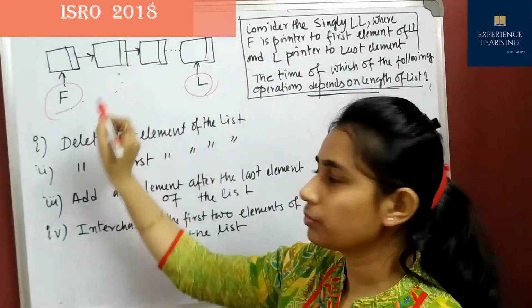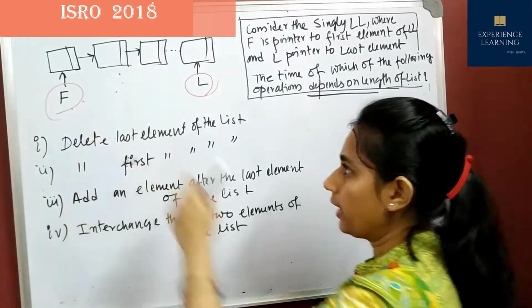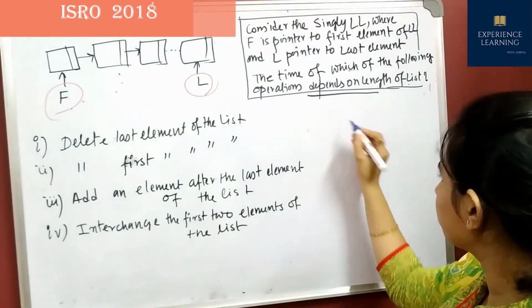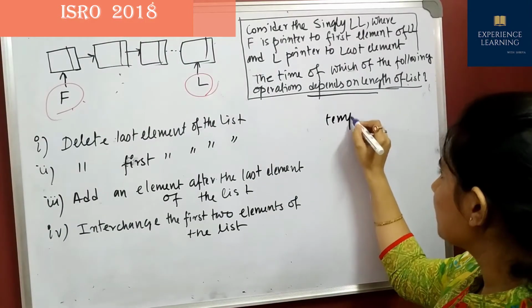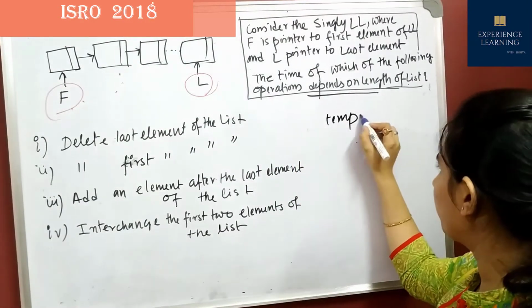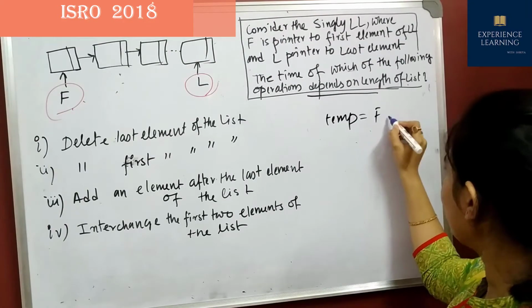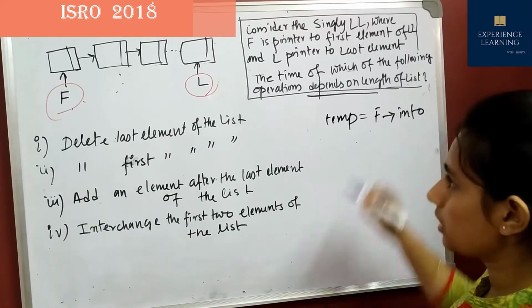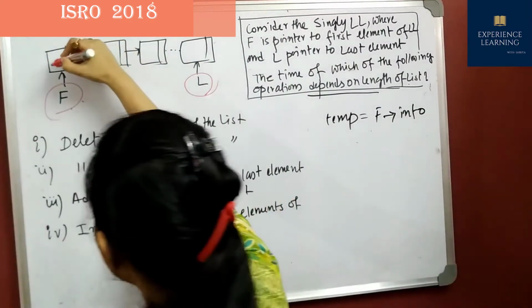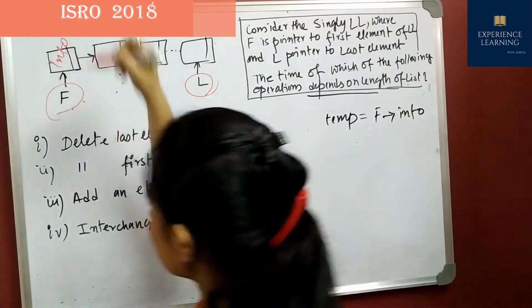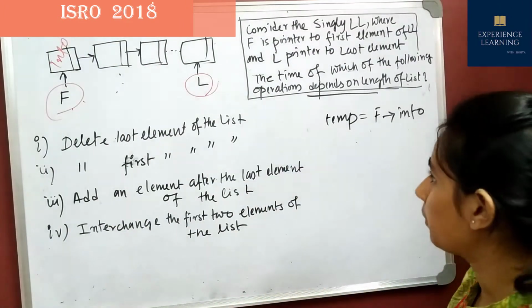As we have the first pointer f, we can easily do it. Say I am saving the value somewhere in a temporary variable. I am saving the info part. Say this is info and this is next. This is info and this one is next. Try to understand it properly.